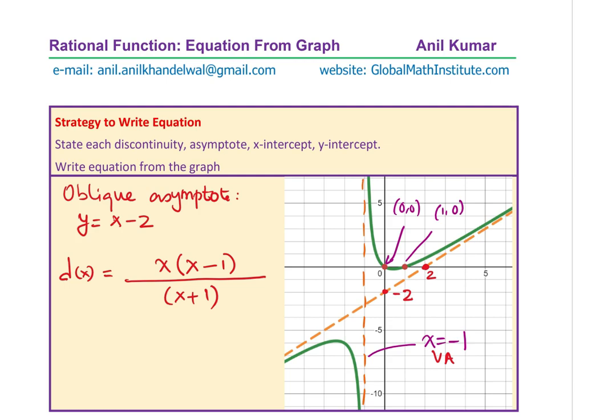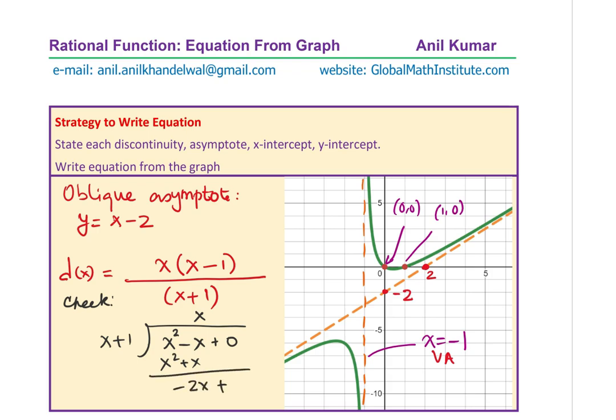Now, let us check for the oblique asymptote. We could expand this equation, which is x squared minus x, and divide this by x plus 1. Let's see what we get. I'm placing a 0 as a placeholder. So we could write this as x, and we get x squared plus x. If I take away, I get minus 2x plus 0.